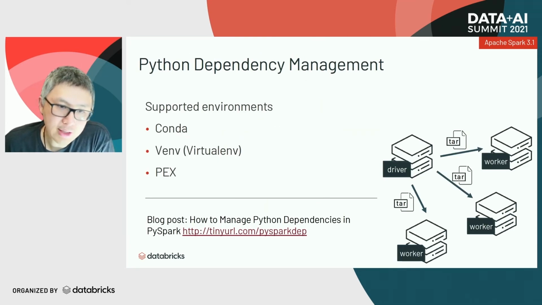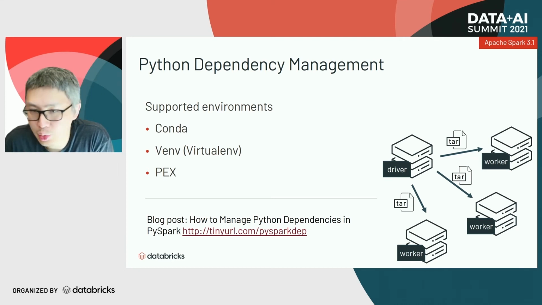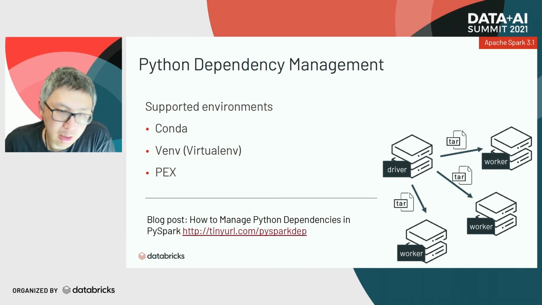For new PySpark users, many of them do not know the simplest way to manage Python dependencies. It becomes a common question. In this release, we make it simpler and document the solution.